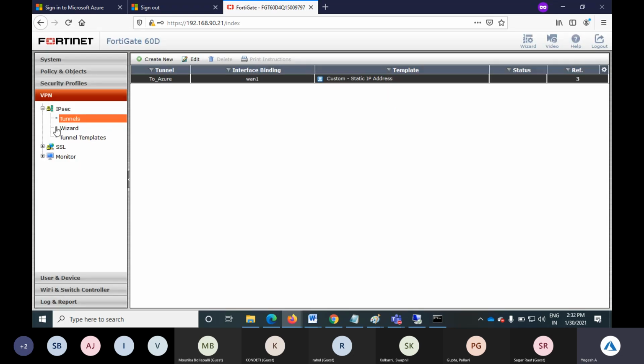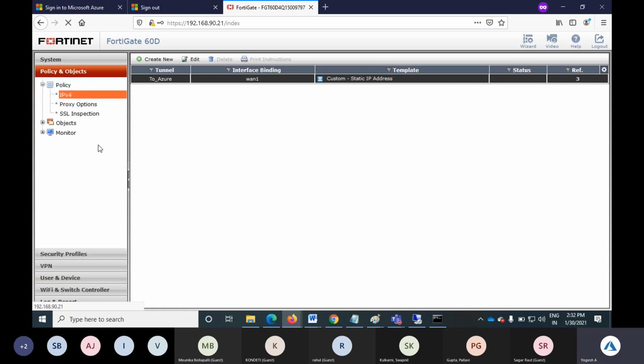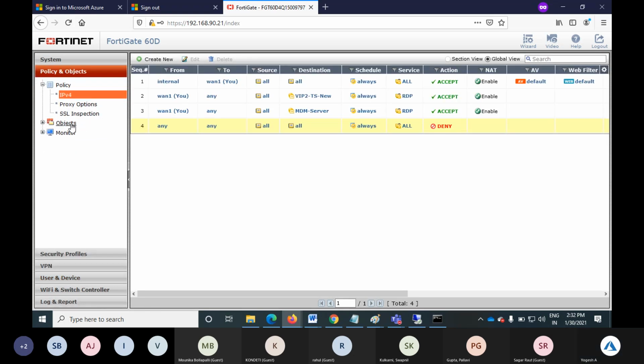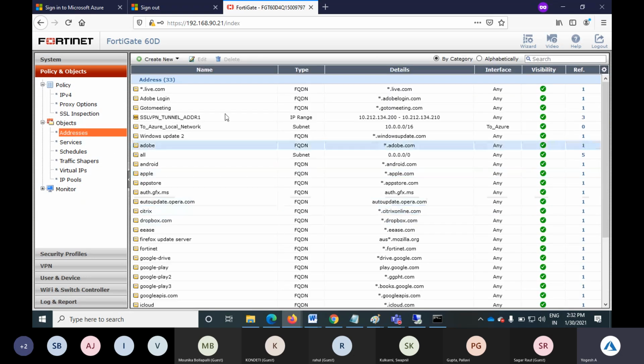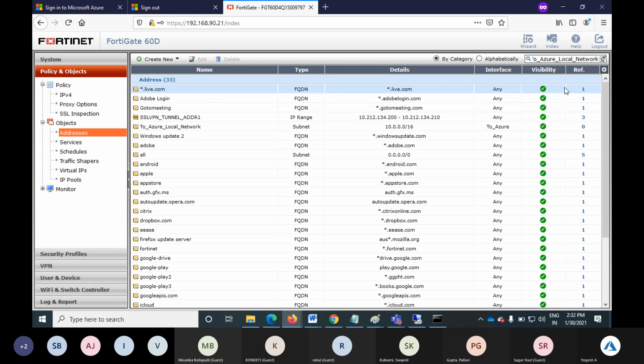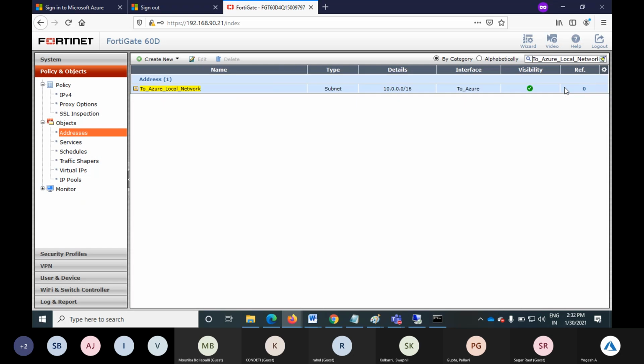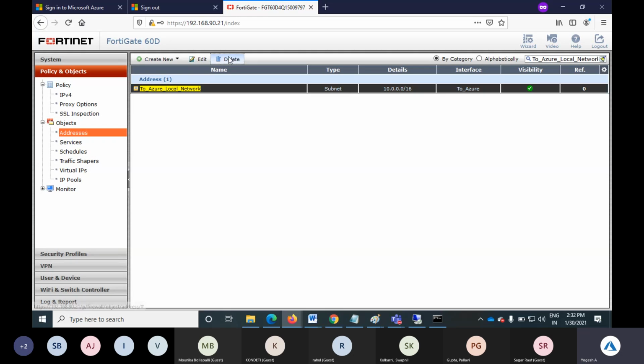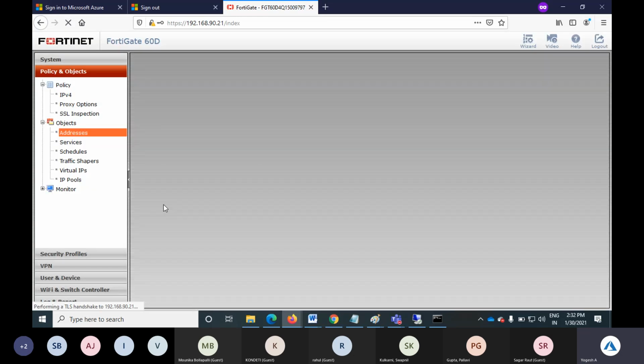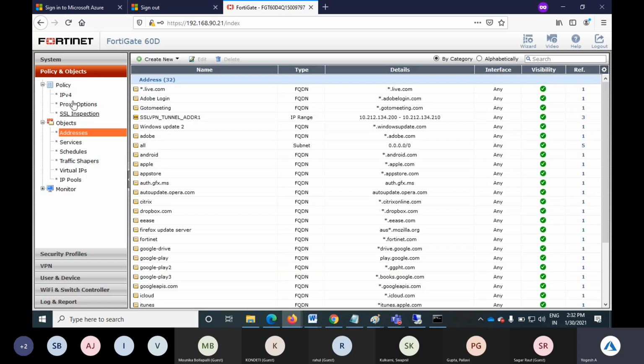Okay, so go to the policy, objects, addresses, delete it, and let's delete the static route as well.